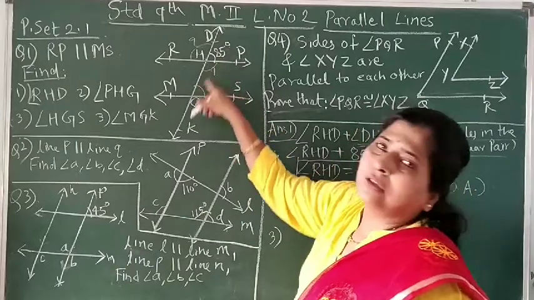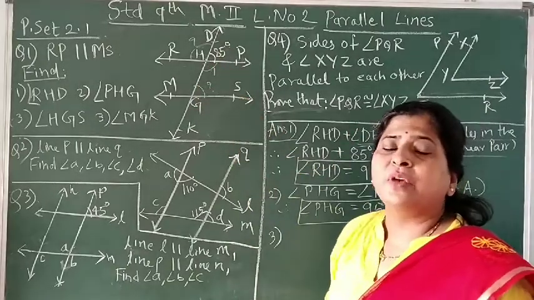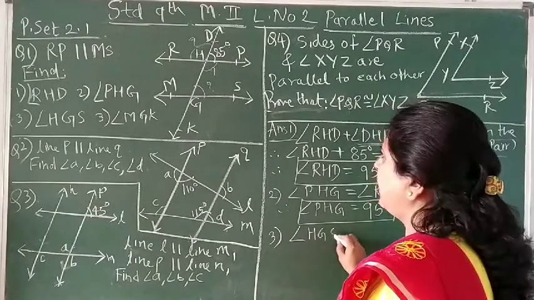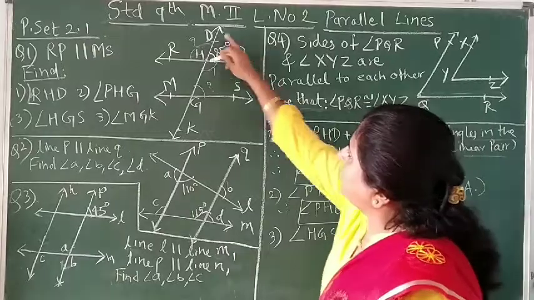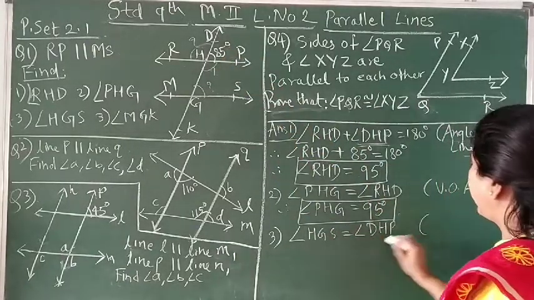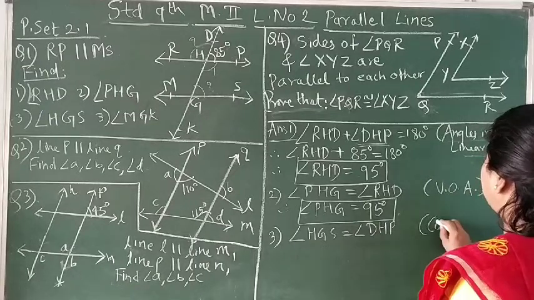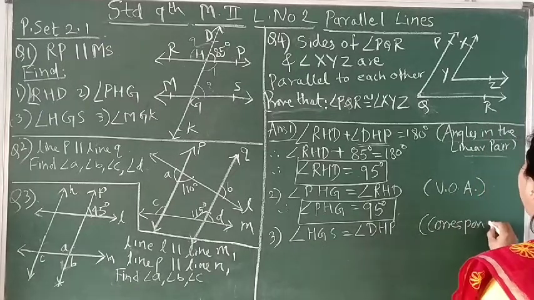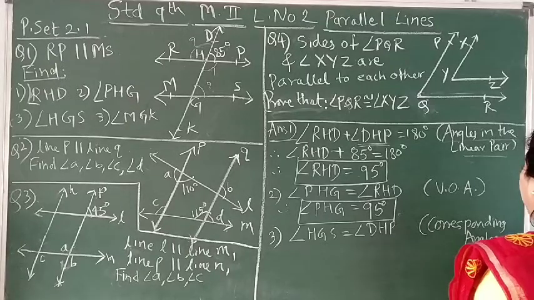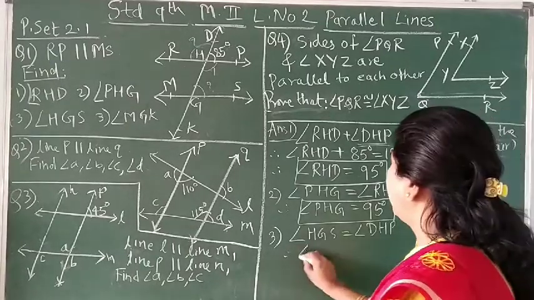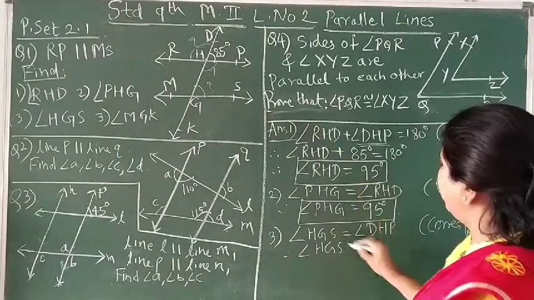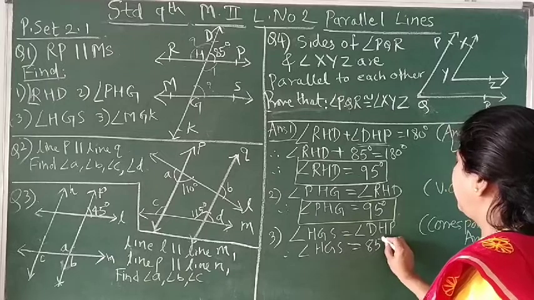So let's go for the pair where the angles are congruent. We can write angle HGS is equal to angle DHP, where both angles are corresponding to each other. These corresponding angles are equal in measure, hence angle HGS is equal to DHP. DHP is given to us, it is 85 degrees.